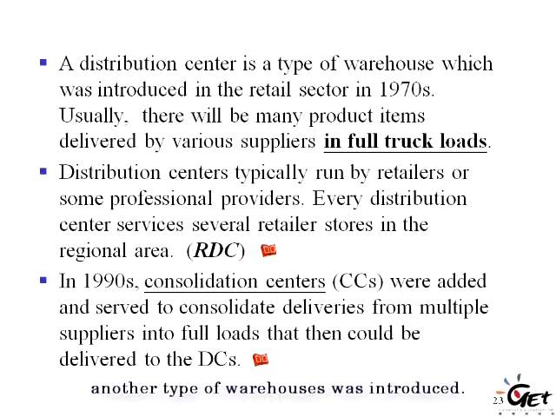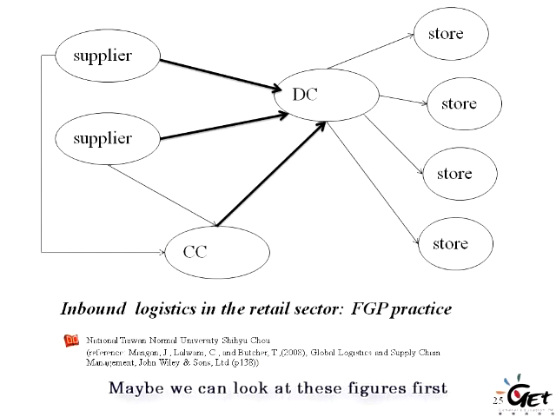So another type of warehouse was introduced. We call these consolidation centers. A consolidation center accepts less-than-full-truckload goods from the suppliers or manufacturers. Maybe we can look at this figure first, and then go back to our slide.